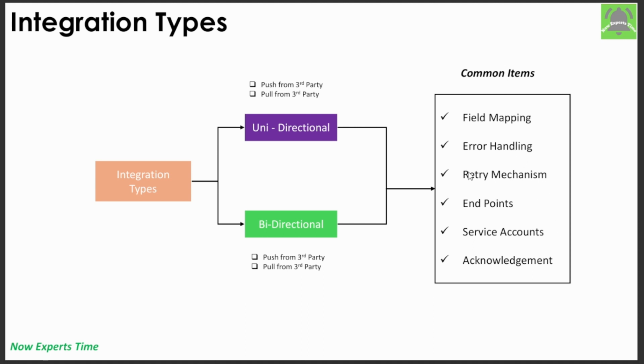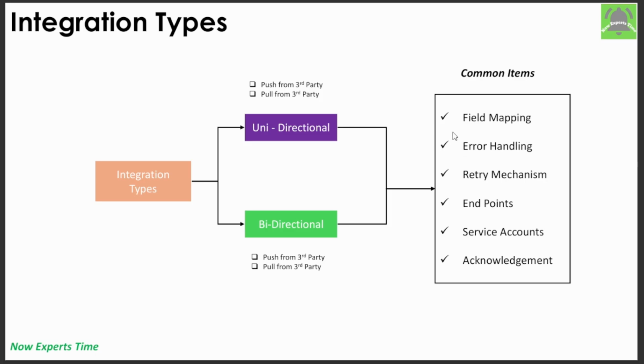Next, error handling and retry mechanism. That means when the acknowledgement is sent to them, it tries to reach your system. Unfortunately, if your system is not up, then it will try a defined number of times, like 5 times or 4 times or 3 times. After that, it will come to the conclusion that the system will not support this transaction.